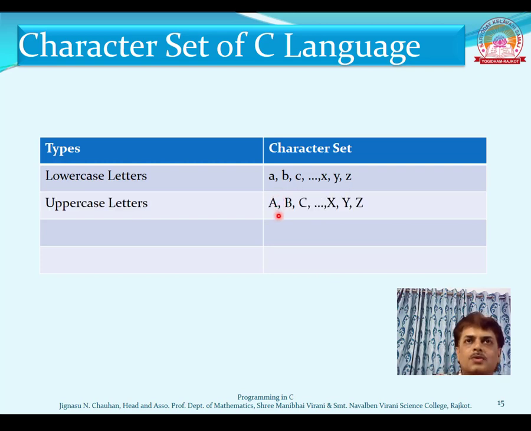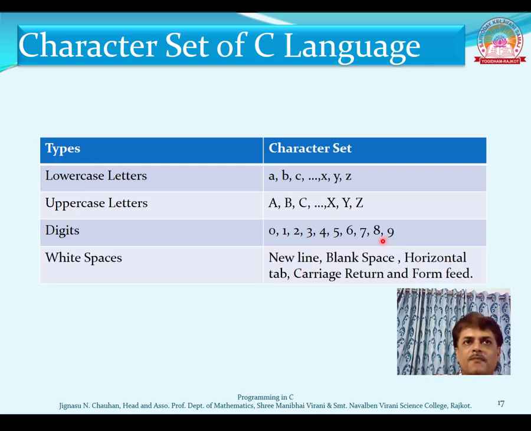Next, we are also able to use all the uppercase letters right from capital A, capital B to capital Z. All the decimal digits including 0, 1, 2, 3, 4, 5, 6, 7, 8 and 9 can also be used in any C language program.